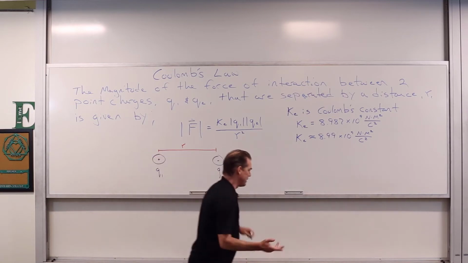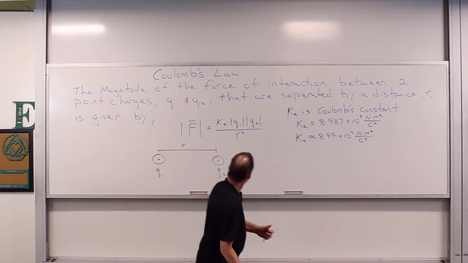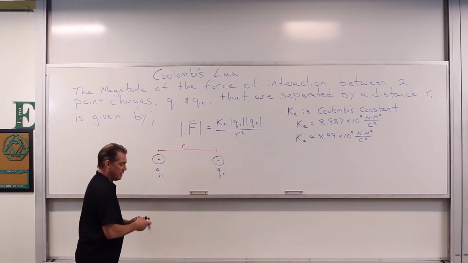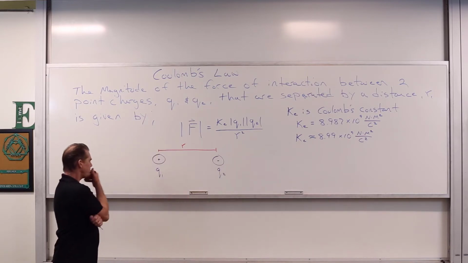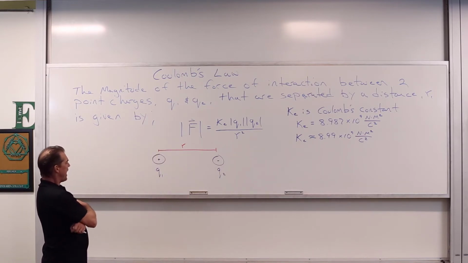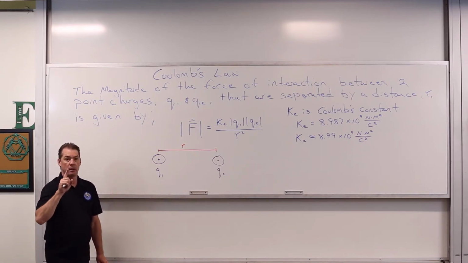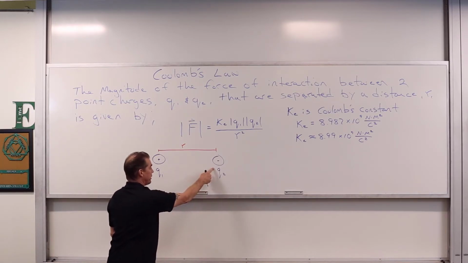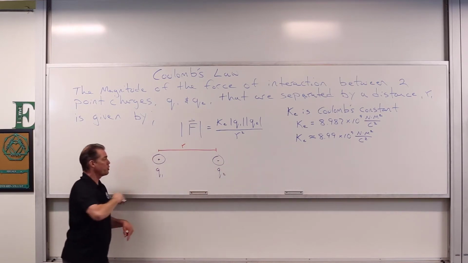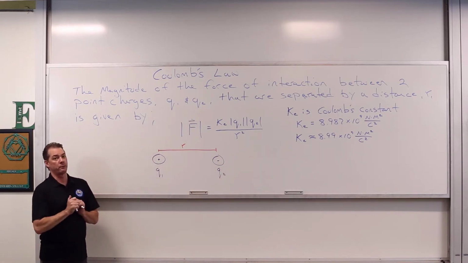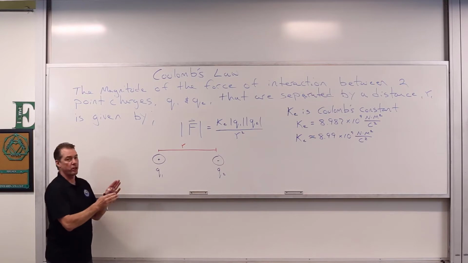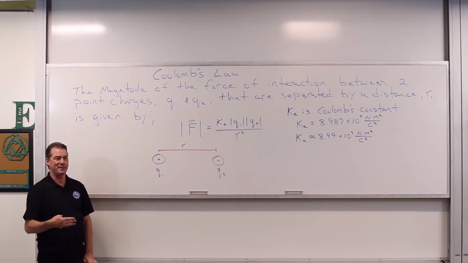So this is kind of the simplest case, but we can still start to draw some stuff out. Say that we wanted to know the force that Q1 exerts on Q2. Well, we ask ourselves, we want to know the force on this one. Is the force between these two charges attractive or repulsive? Oh, they are opposite charges. They're attracted to one another, right? Opposites attract.